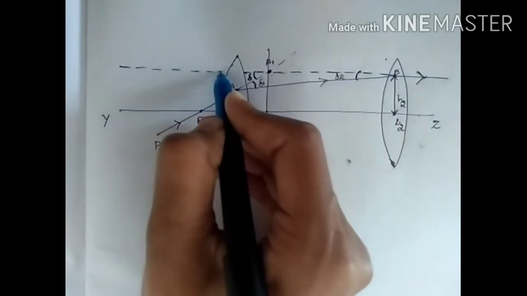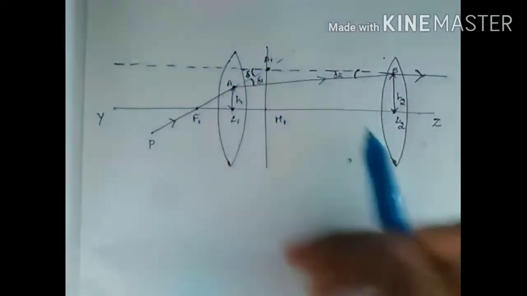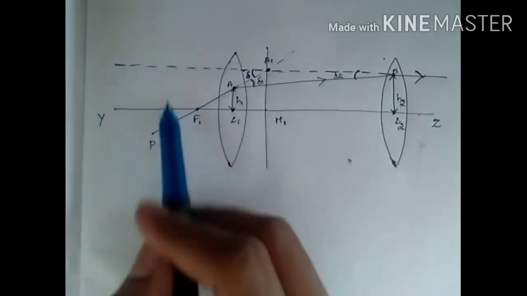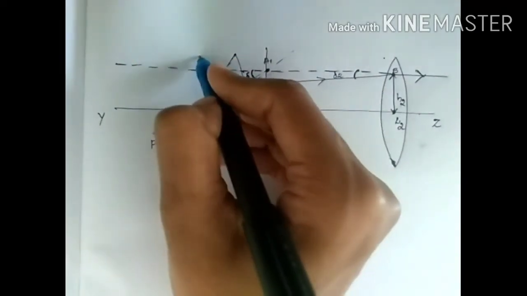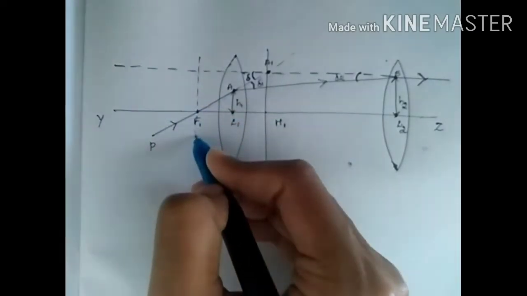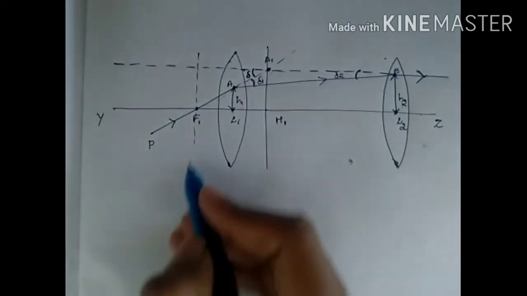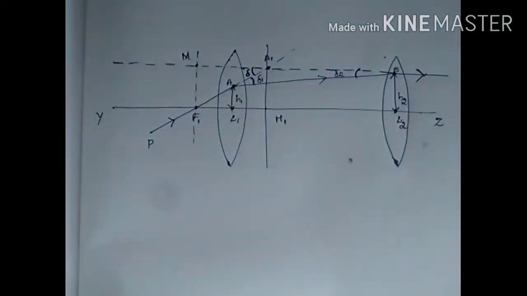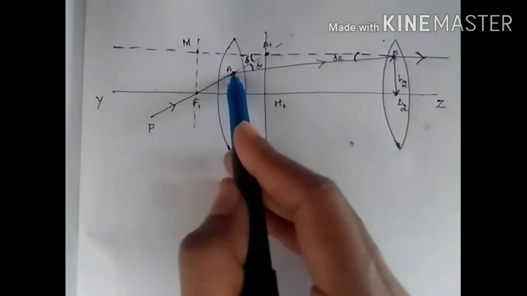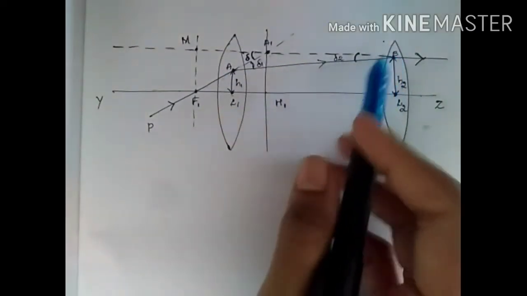So if you extend the refracted ray further, then you will get a parallel line to the principal axis. Now draw the perpendicular line which passes from the F1. Let this point be M. And now let us produce the AB ray.